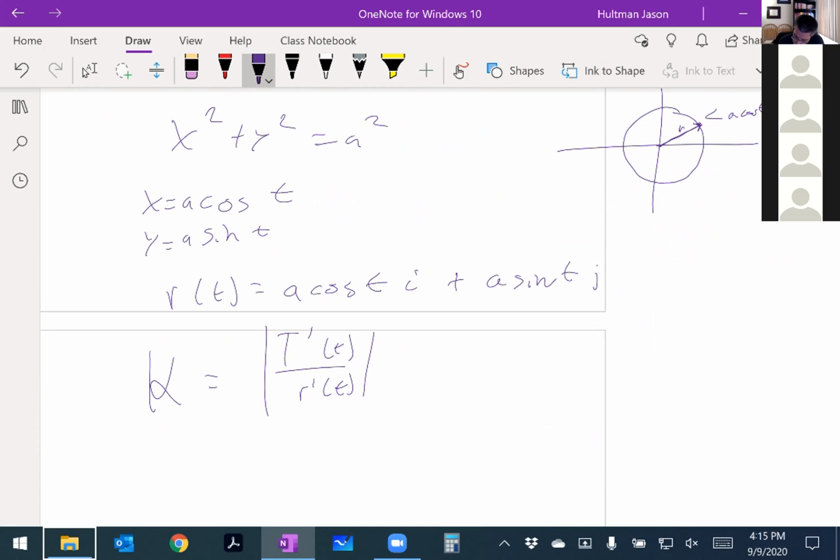So how do we find the unit tangent vector? Well, the unit tangent vector is the tangent to this, which is r prime of t over the magnitude, because we want it to be a unit.